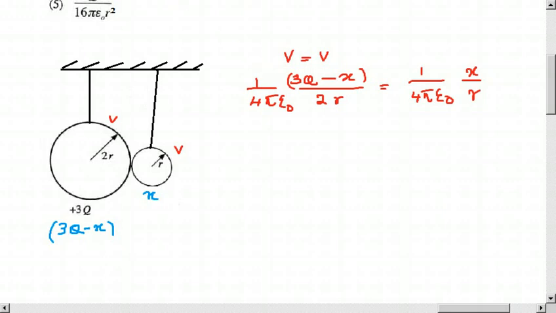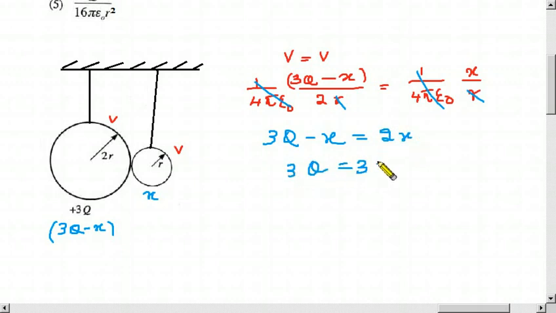Then these cancel, this r also cancel. 3q minus x equals 2 times x. 3q equals 3x. X equals, as previously, q. So now we can delete this x and write the result we received. The charge is here q. Now the charge is 3q minus q is 2q. Positive, positive.